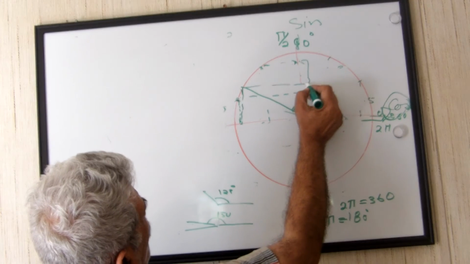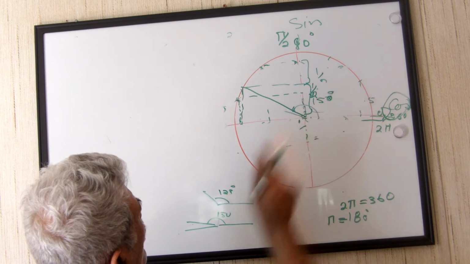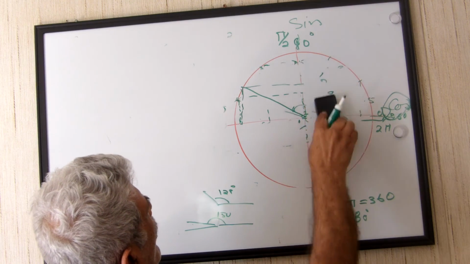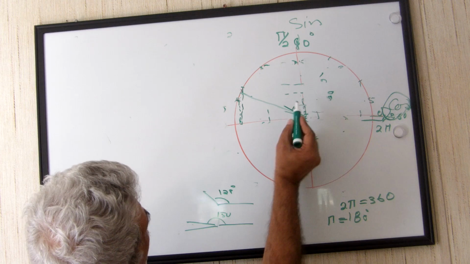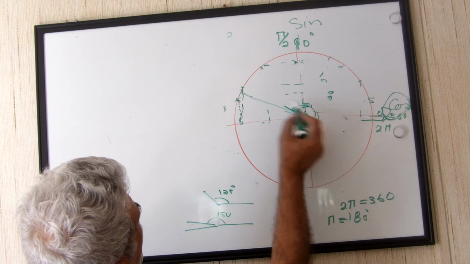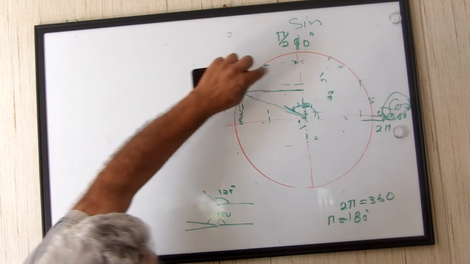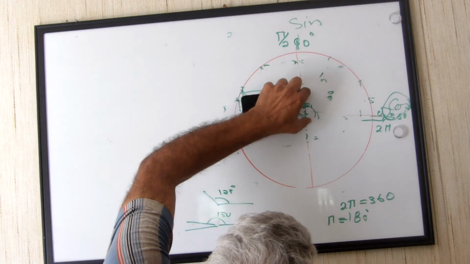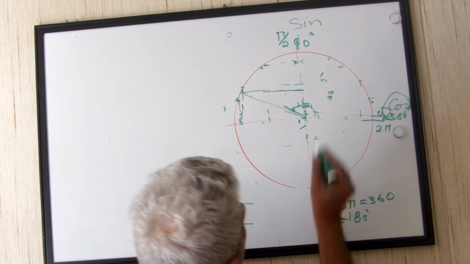This is almost half. This is half, 1/2, 1/2. So it's 150 here. The sine of that is here, 0.5. The sine of 150 degree.